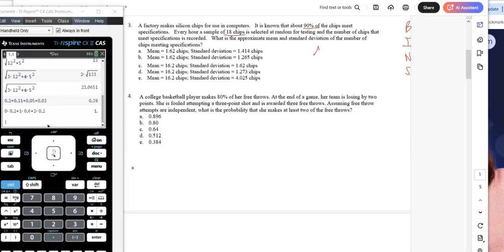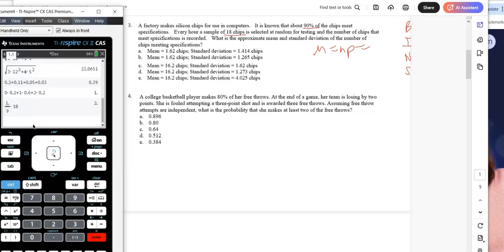So the formula for the mean, I believe, is n times p. So 0.9 times 18, let's just do that in our calculator. 16.2, so I know it's one of these.